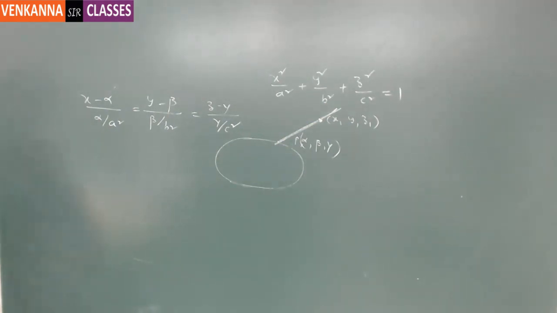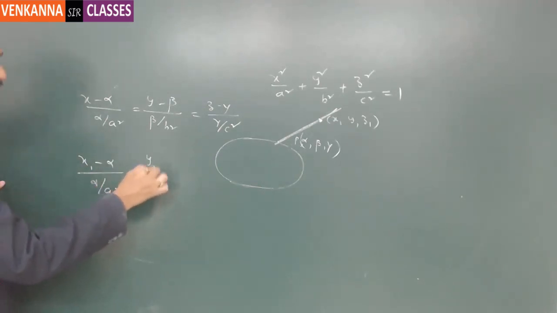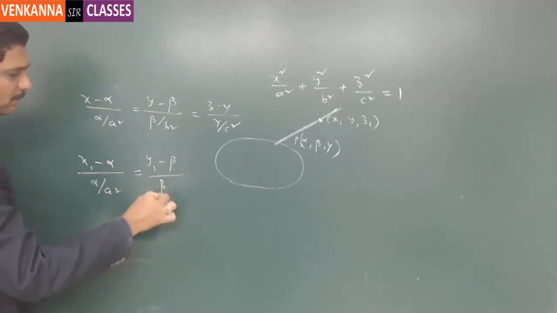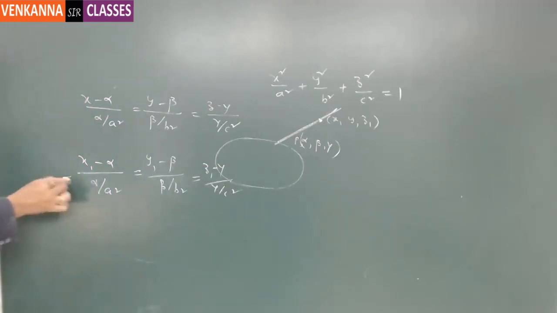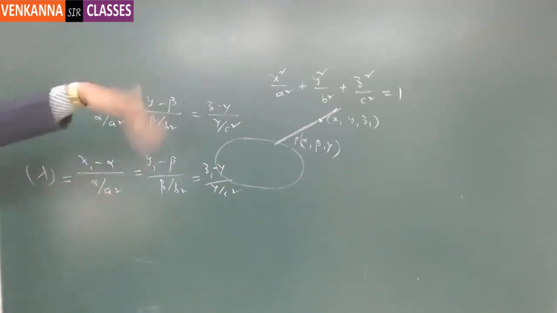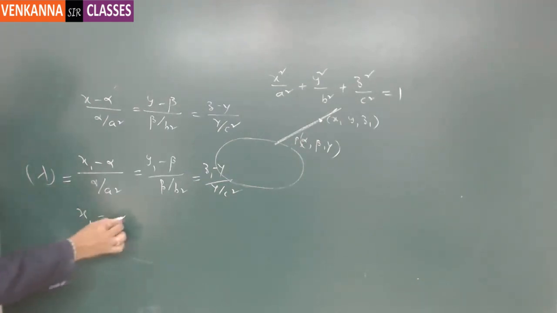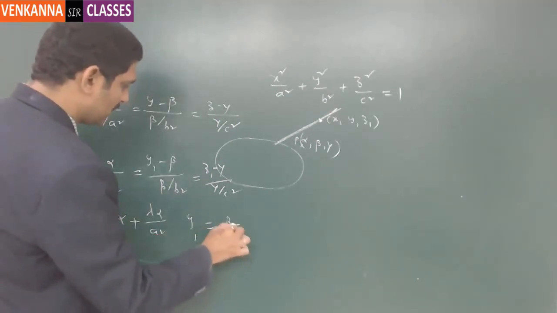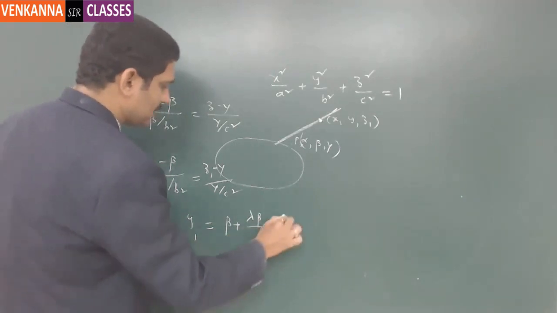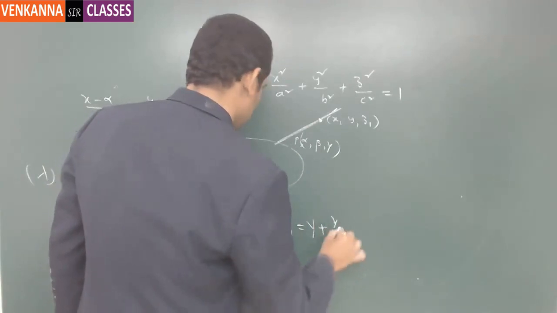Substituting here, you will get (x1 minus alpha) by a square, (y1 minus beta) by b square, (z1 minus gamma) by c square. You take that the parameter is lambda. So if you simplify this, we will get x1 equal to alpha plus lambda alpha by a square, y1 equal to beta plus lambda beta by b square, z1 equal to gamma plus gamma lambda by c square.